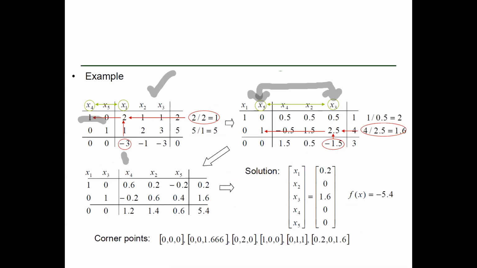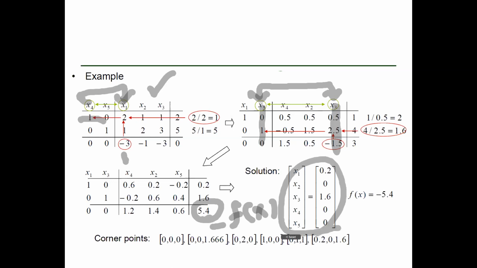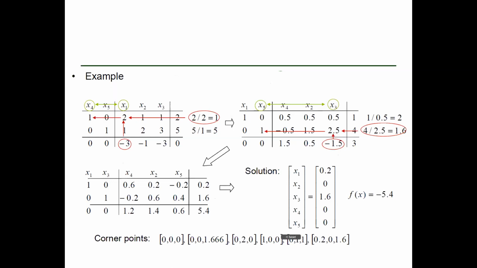At the next stage, again, we determined which column and which row, and we switched these two as well. And finally, this is minus the optimal value of your objective function, and this is your final answer. So this is the example that I wanted to discuss today. That's all for this lecture.